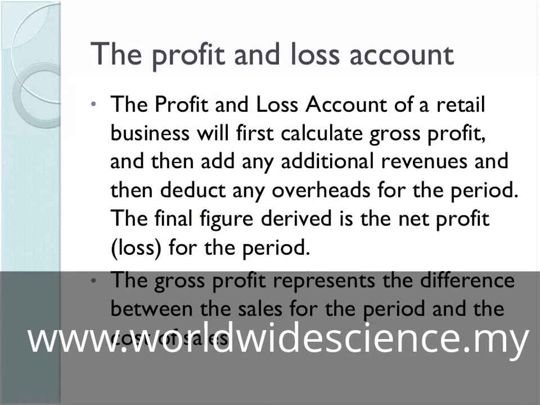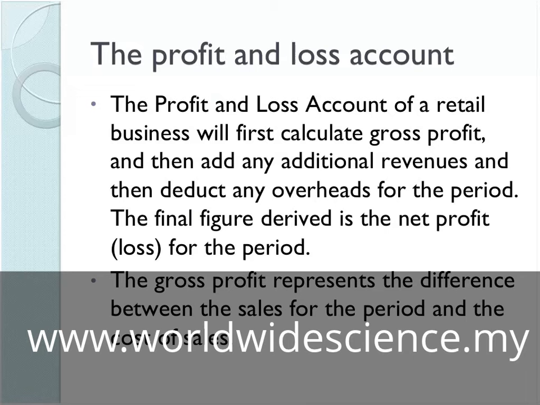The profit and loss account of a retail business will first calculate the gross profit, so you must remember, and then add any additional revenues and then deduct any overheads for the period. The final figure derived is the net profit for the period. So the formula is like this.